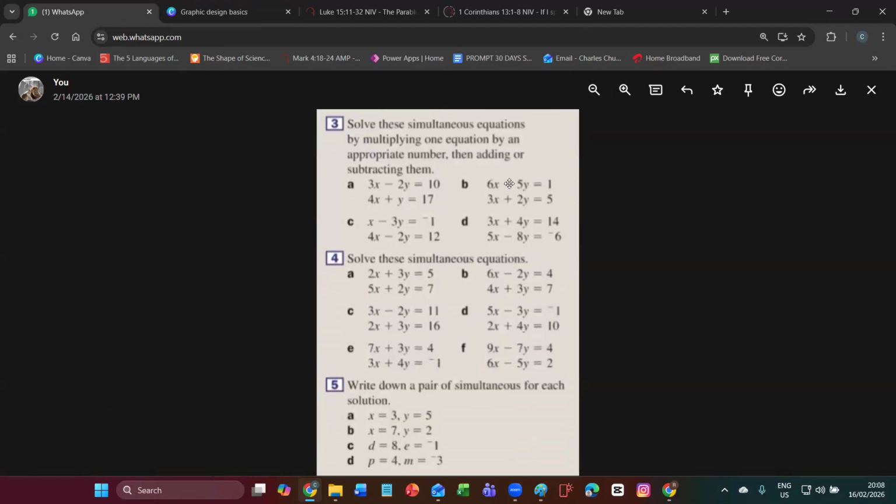They're just trying to make you see how to create questions from simultaneous equations when they give you the answers. So it's like walking backwards. Instead of telling you to solve simultaneous equations, they gave you the answers and they're asking you to form the questions. So you can leave number five. Just look at number three and number four, and let's see what you come up with.